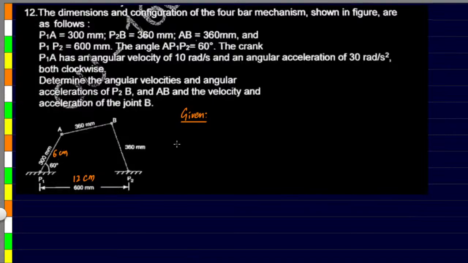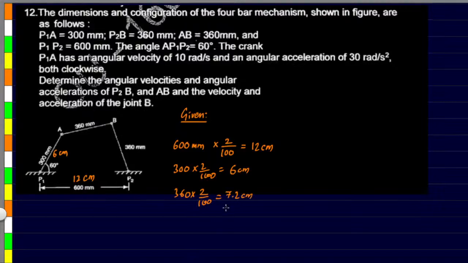What I'm doing is multiplying 600 mm by 2 by 100, which gives us 12 centimeters. Similarly, when we take 300 into 2 by 100, we get 6 centimeters. In the same way for 360 into 2 by 100, how much will we get here?